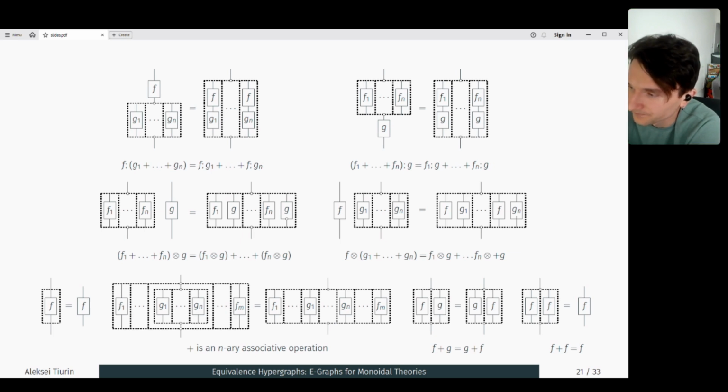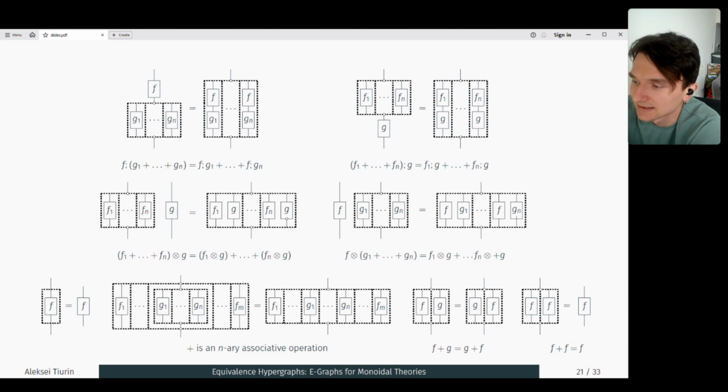And the bottom row prescribes that plus is an associative, commutative, and idempotent operator, which makes the set of terms with this operator a structural semilattice. So the semantics of such an enriched SMT would be some category which is enriched, like in the category of semilattices. So this class has some categorical semantics behind it.